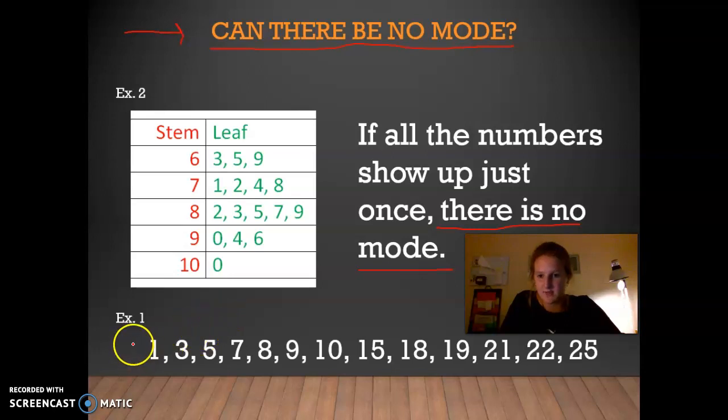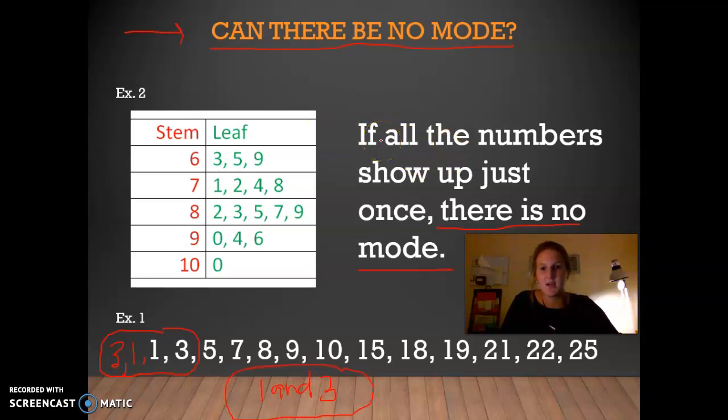So if this data set had 1 and 3, okay, well there's 2 1s and 2 3s, and they both show up twice. So the mode here would be 1 and 3. So there can be no modes, there can be 2 modes, but again, mode is the most common number.